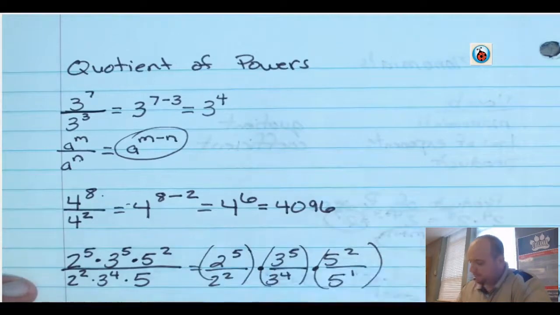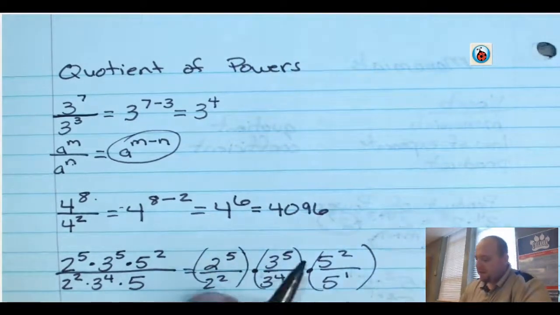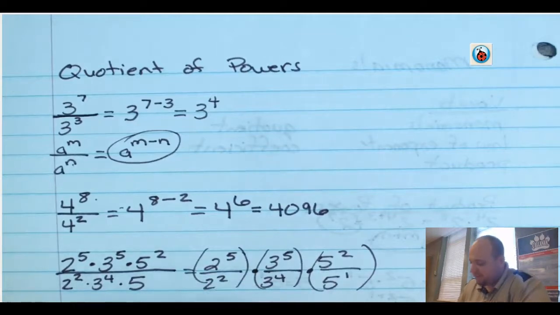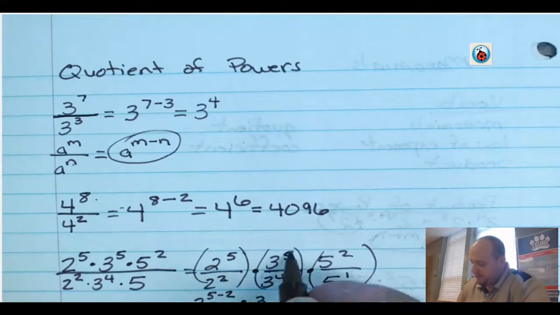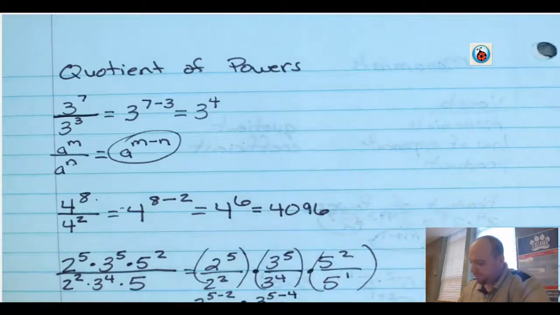Now what I'm doing, since I'm multiplying and I've got this division underneath them with these identical bases, I'm going to take 2 to the 5th minus 2, because I got the 5 from here and I got this 2 from this exponent, times 3 to the 5th minus this exponent right here of 4. You only need to write the base once when you're dividing or multiplying.